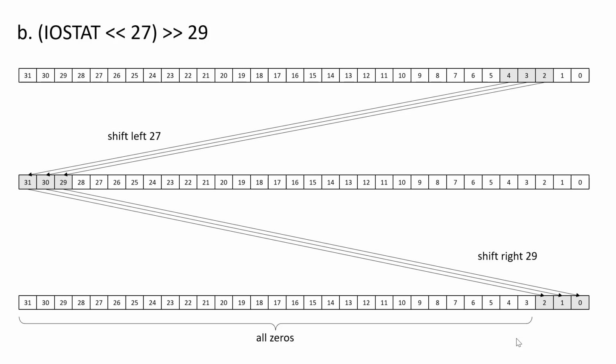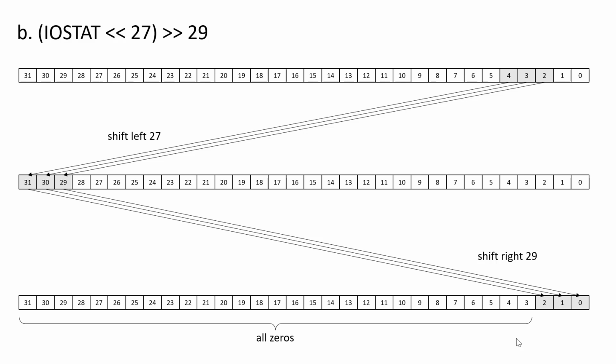Now there's another option here. This one is a different approach where if you want bits 4 down to 2, you can shift the whole thing 27 bits to the left. And why is it 27? It's 31 minus 4, because what that'll do is take bit 4 and move it all the way up into bit position 31, right?